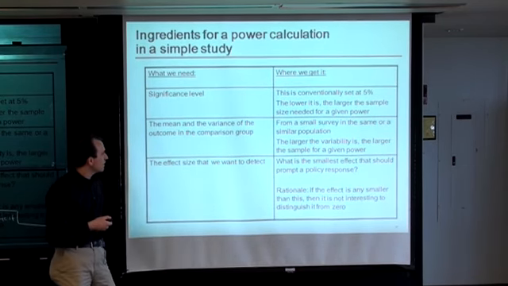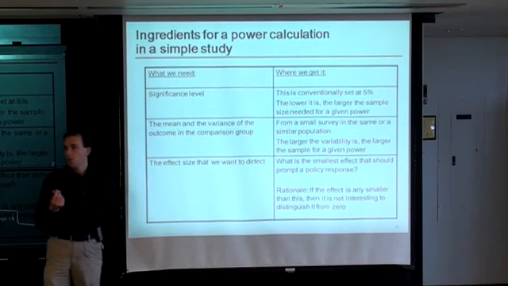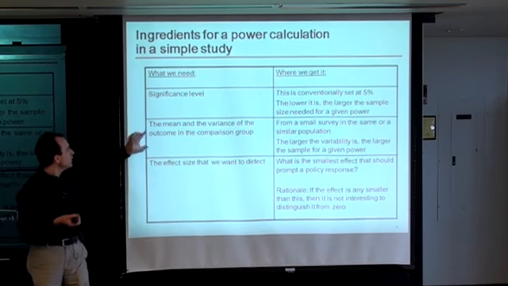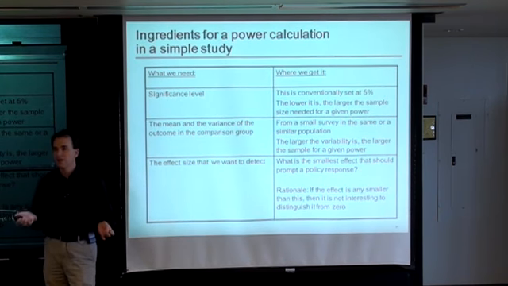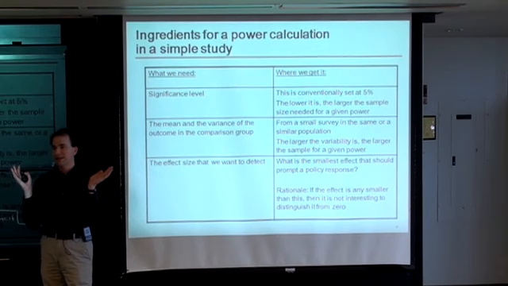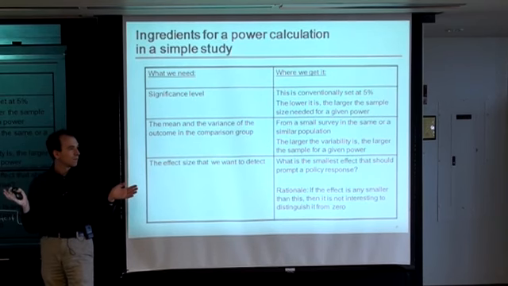Okay, and if the variability is big, we're going to need a really big sample, and if the variability is really small, we're going to need a small sample. And it's really important to do this because you don't want to spend all your time and money running an experiment only to turn out that there was no hope of ever finding an effect because the power was too small. Right?